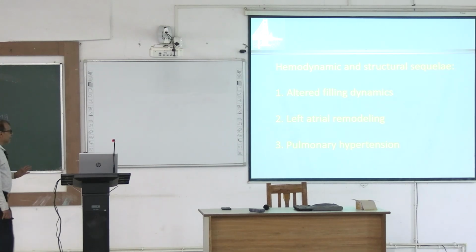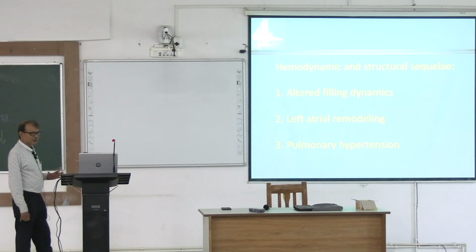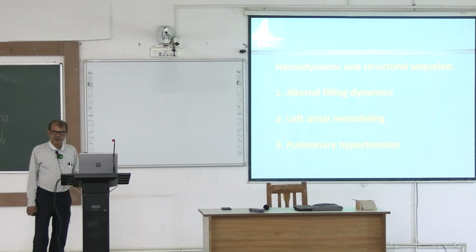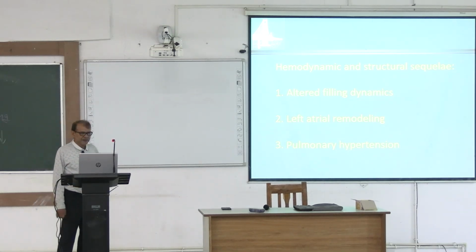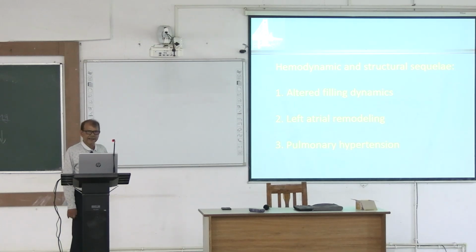Again, the hemodynamic and structural sequelae or consequences of the mitral stenosis. First, alteration of the filling hemodynamics. Second, development of left atrial hypertension and remodeling. Third, development of the pulmonary venous as well as arterial hypertension.